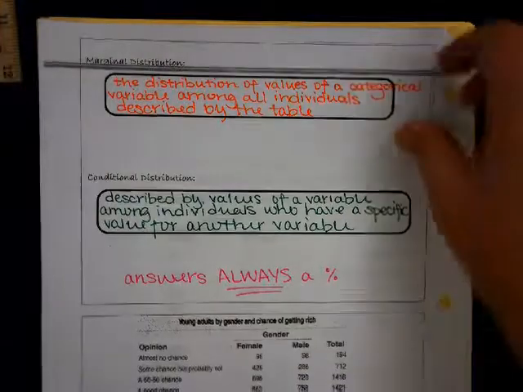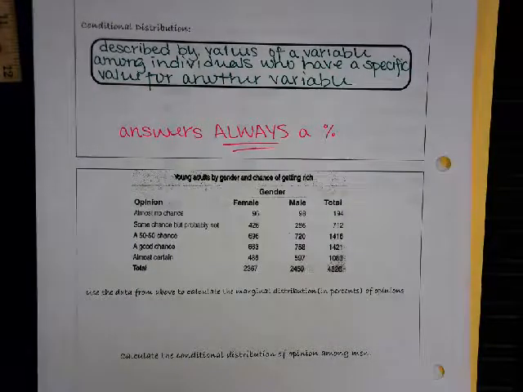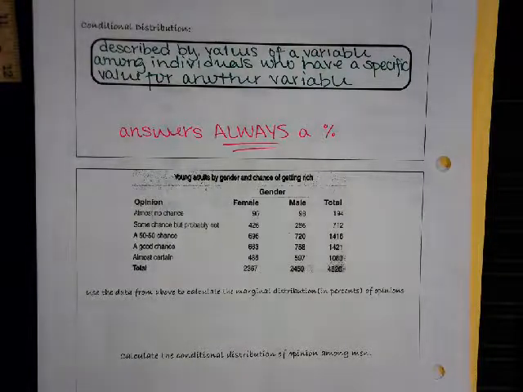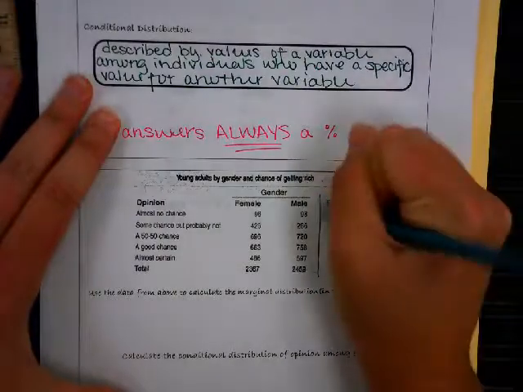So, I copied the table below. It's the same table from the warm-up, but that way we don't have to flip back and forth. This time I included the totals. So we had our total column. Can't draw straight lines.